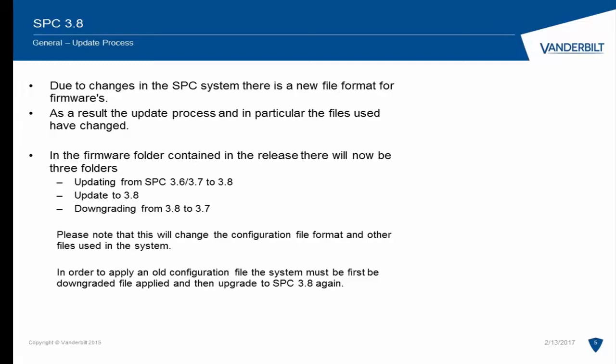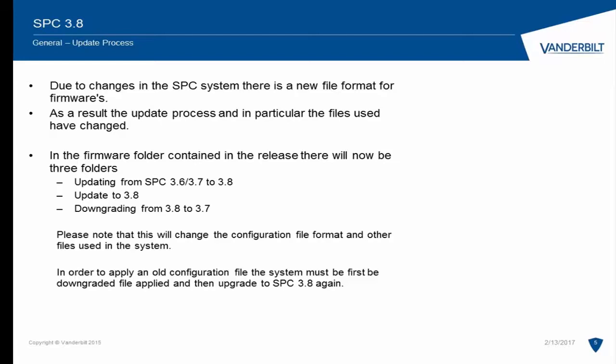There will be an update from 3.6, 3.7 to the latest 3.8 firmware. If you already have an earlier 3.8 release candidate version, you can now update it to 3.8 release version. You only need the second file. And finally, the third one is the downgrading of the system from 3.8 back to 3.7, because the file formats are different. You have to do a special downgrade back to 3.7 if you require this.